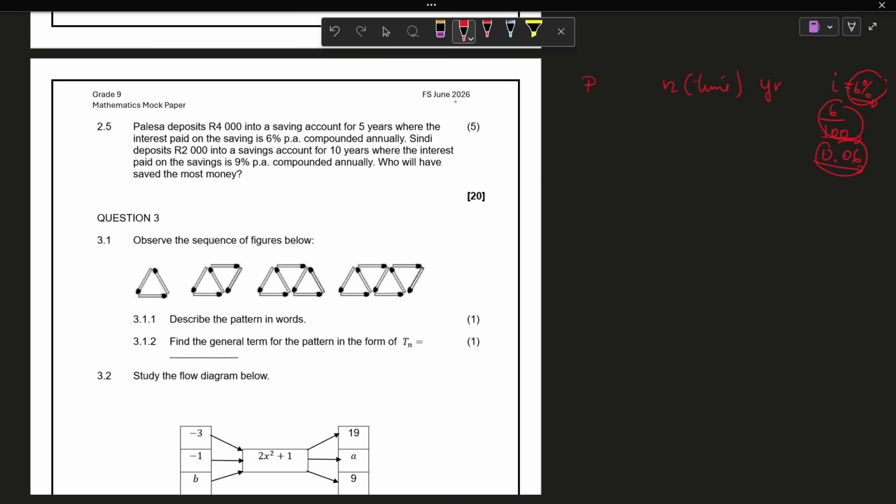Okay, now let's remember quickly. In grade 9, already in grade 8, I think you saw the simple interest formula.